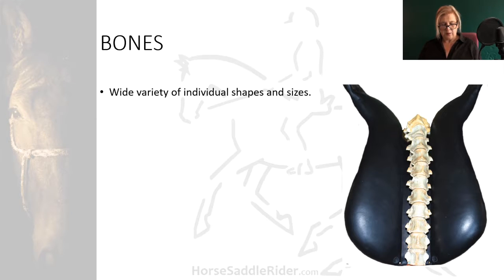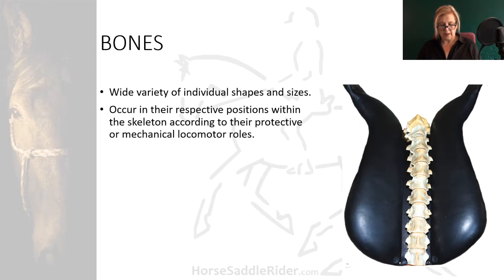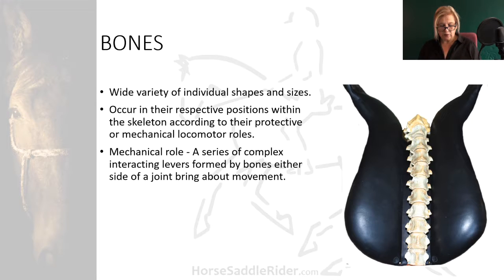Bone occurs in a wide variety of individual shapes and sizes. They are sited in their respective positions within the skeleton according to their protective or mechanical locomotor roles. In a mechanical role, a series of complex interacting levers formed by bones either side of a joint facilitate movement.